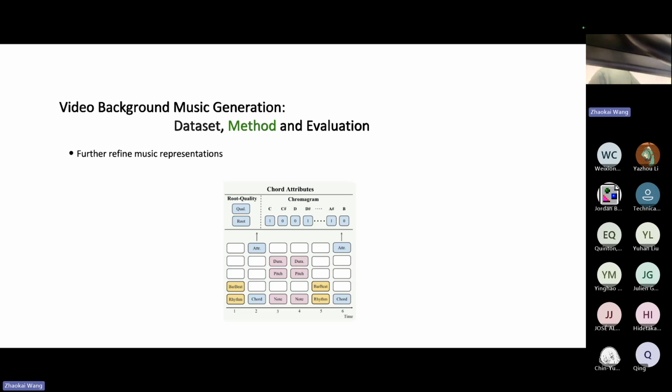For the C major chord, the root is C and the quality is major. The other representation is the chromagram. It's a 12-dimension one-hot vector. If a note belongs to this chord, then this note is set to 1. Otherwise, it is 0. So these are the two representations of a chord.